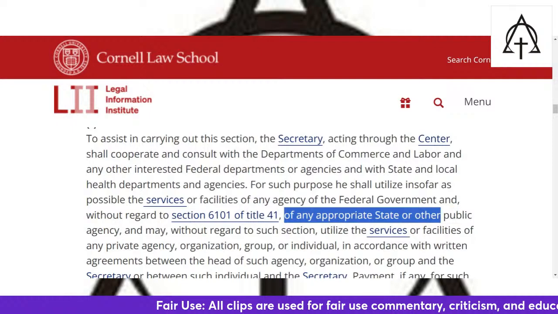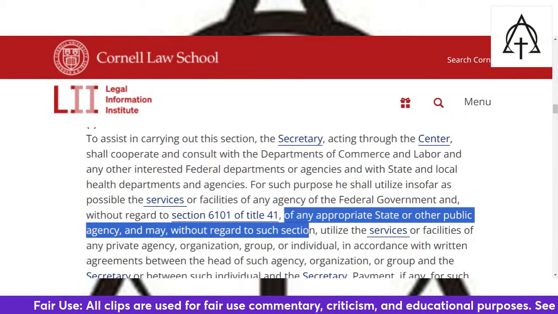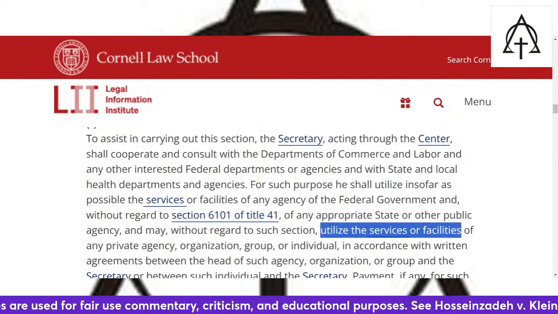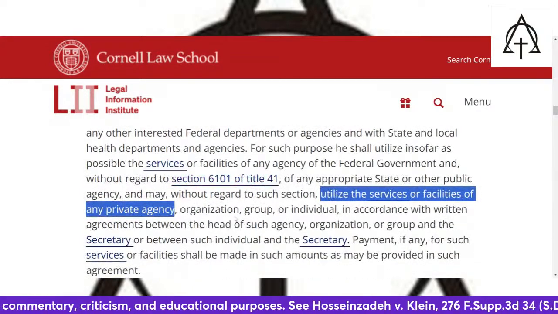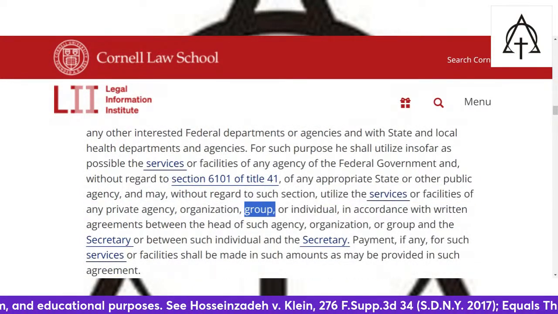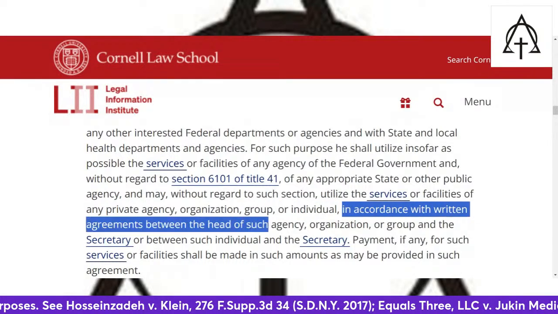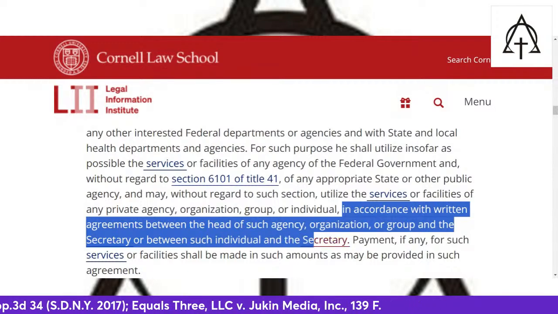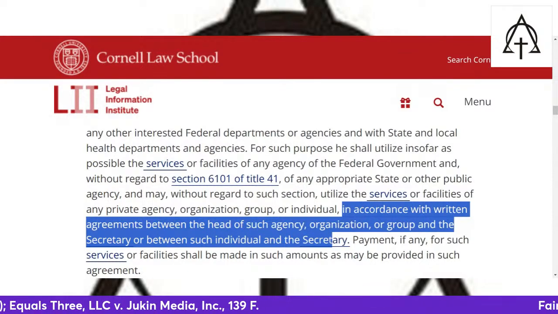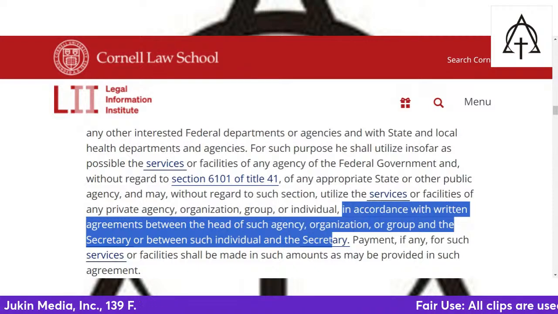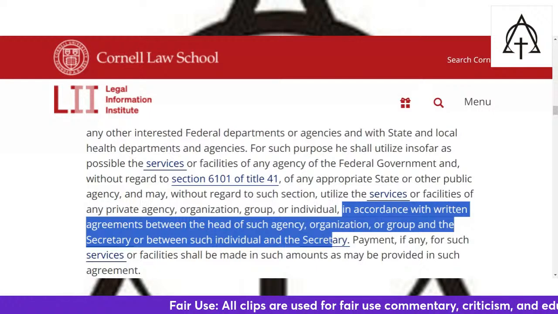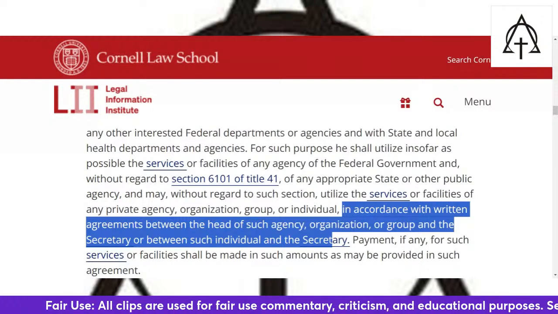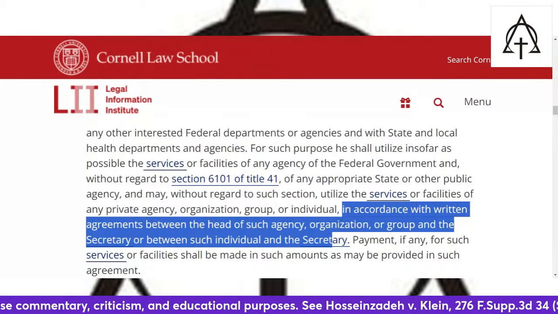Of any appropriate state or other public agency and may, without regard to such section, utilize the services or facilities of any private agency, organization, group, or individual in accordance with written agreements between the head of such agency, organization, or group and the Secretary, or between such individual and Secretary. Just by signing those written agreements, you enter yourself into that contract. You better know how to qualify your place in that contract.